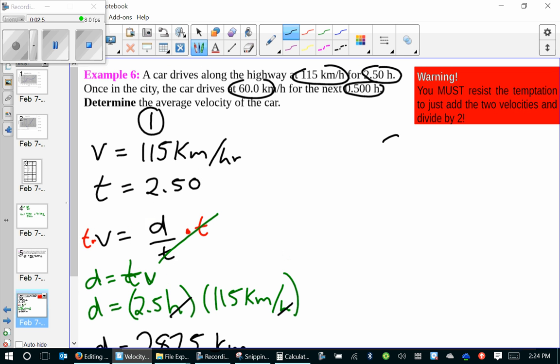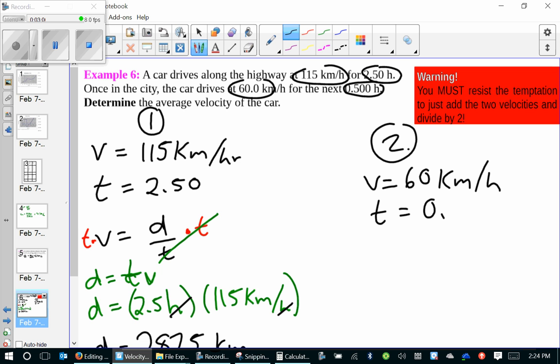Now the second part of the trip, we have a speed of 60 kilometers an hour. And my time is 0.500 hours.